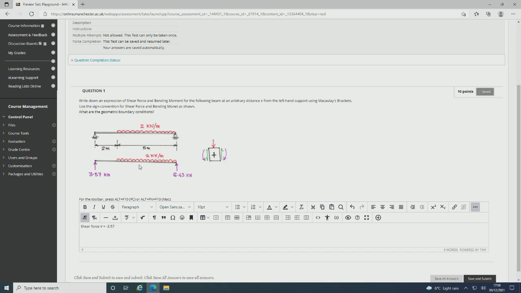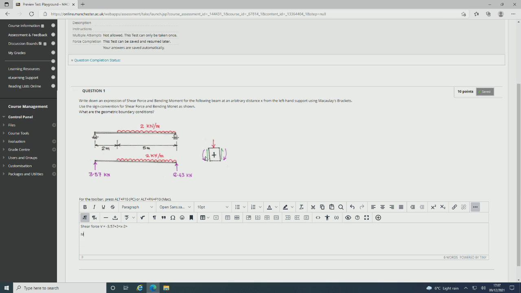Only when x is more than 2 meter, I have got the UDL, and that is in the downward direction, so that is plus. So plus 2 times, and then you can use the arrow on your keyboard like this, x minus 2, for example. That is, shear force is equal to minus 3.57 plus 2 times this.